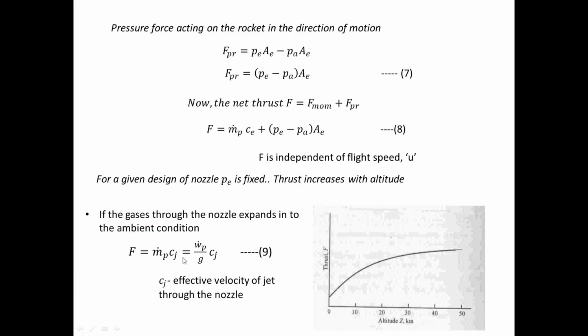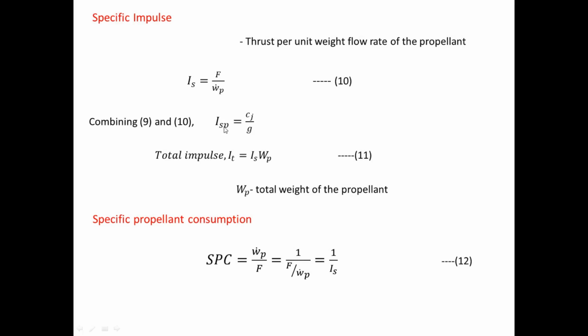Here F will be equal to Wp by g into Cj. If you substitute that value, you get Isp in terms of effective jet velocity and g. And the total impulse will be equal to Isp into Wp, where Wp is the total weight of the propellant. So just remember this equation. This is actually important, and the second one, Isp is equal to Cj by g.